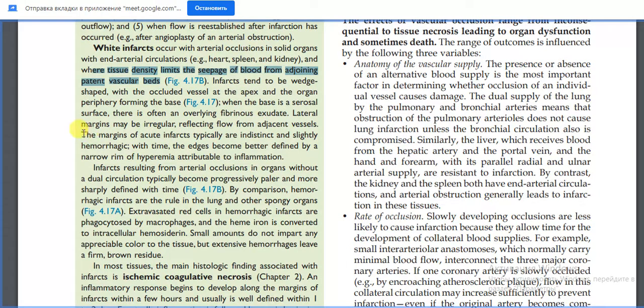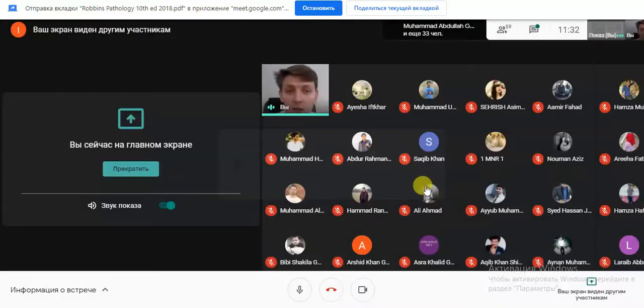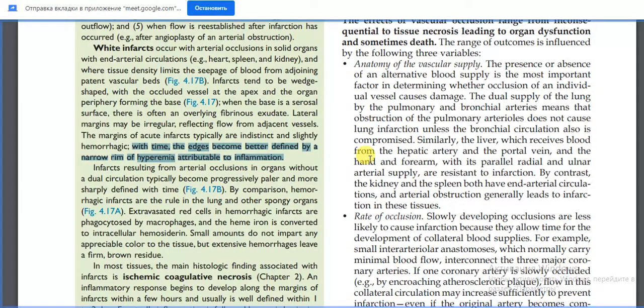The margins of acute infarcts typically are indistinct and slightly hemorrhagic. With time, the edges become better defined by a narrow rim of hyperemia attributable to inflammation. So don't forget that tissue necrosis causes inflammation in this area, and all these are attempts of repair.